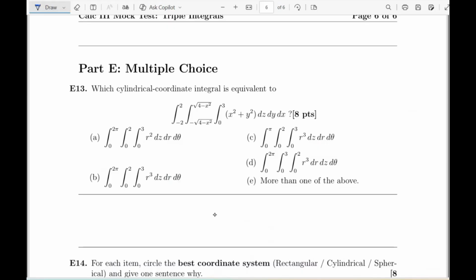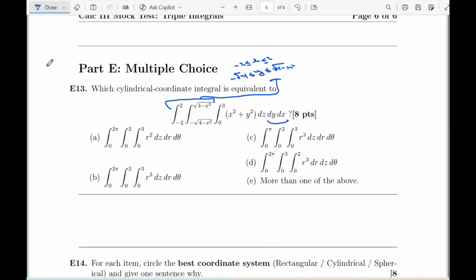The point here is that these two integrals give me the region of integration in the xy plane, because these are the xy variables. This tells me that x is between -2 and 2, and y is between the square root of 4 minus x squared and minus that.